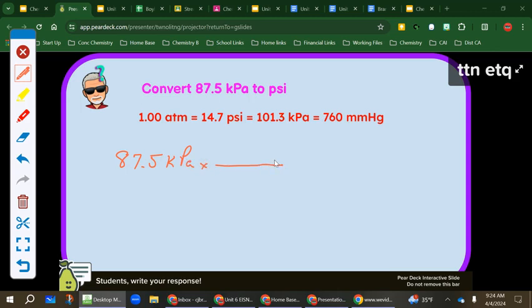That's what your problem should look like, ladies and gentlemen. Take the number that you are given times a fraction bar. You're putting something on the top and something on the bottom to get out of the unit that you are in of kPa and into the unit you want to be in of PSI.